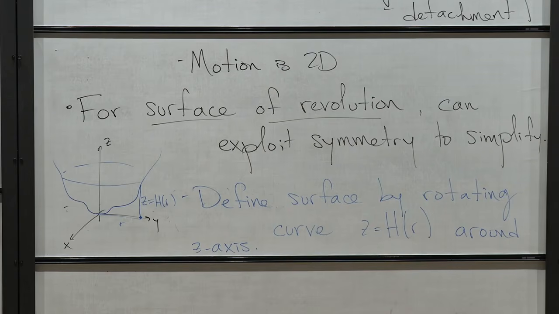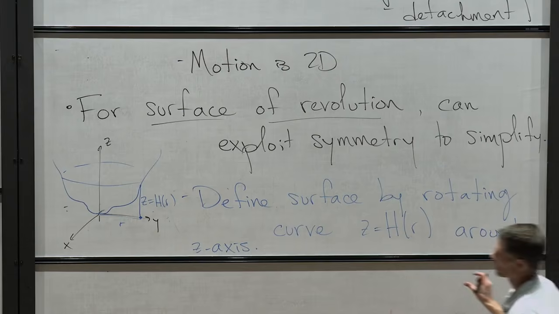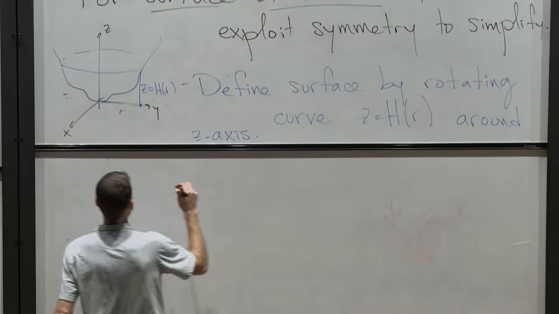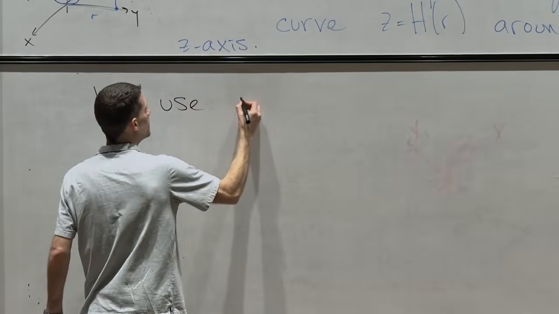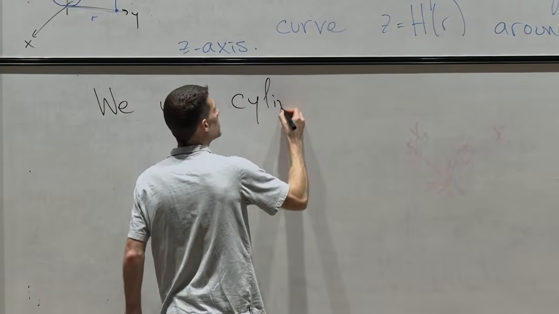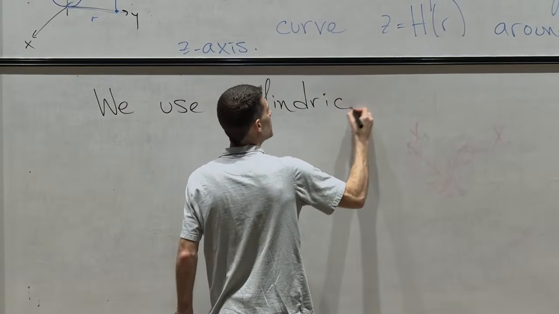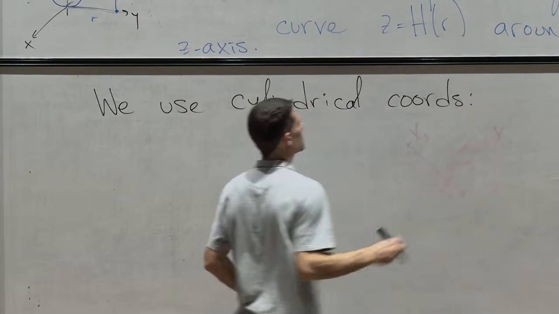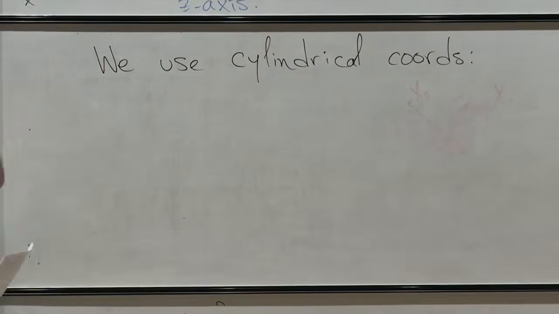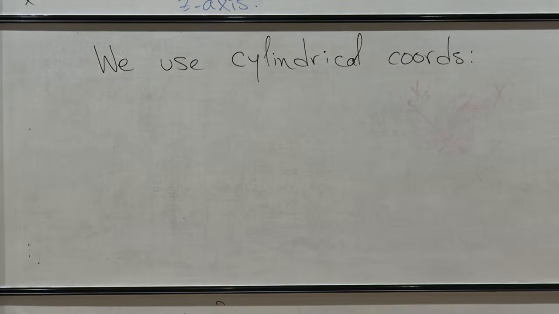So let's see what Newton looks like in cylindrical coordinates. We haven't done it before, but cylindrical coordinates is just polar coordinates plus a z, which is Cartesian.